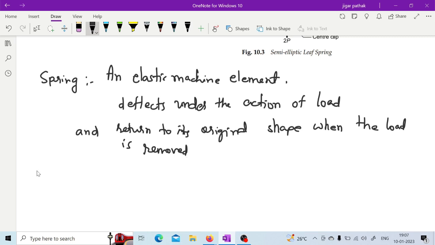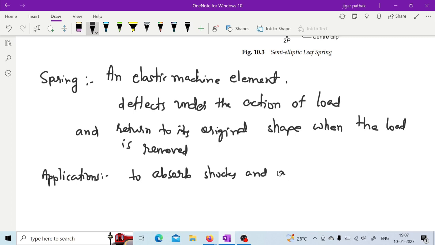Now springs are used for various applications, right? Some of them are to absorb shocks and vibration, in vehicle suspension this spring is used.